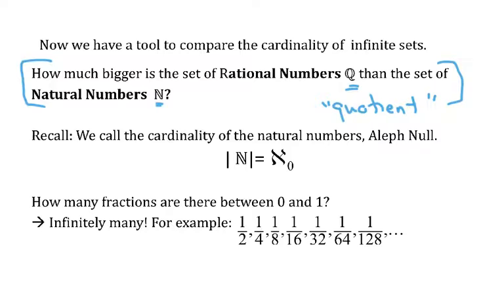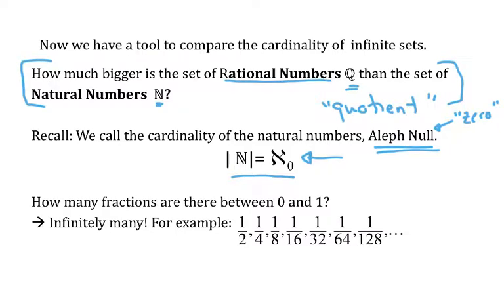You may or may not recall from the Hotel Infinity that we have a name for the cardinality of the natural numbers. That's called Aleph Null. Aleph is the first letter of the Hebrew alphabet. Null just means zero. So we're going to be comparing the cardinality of the natural numbers to the cardinality of the rational numbers.